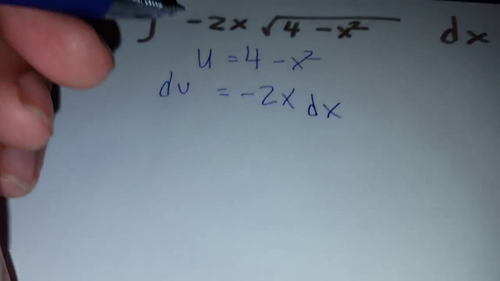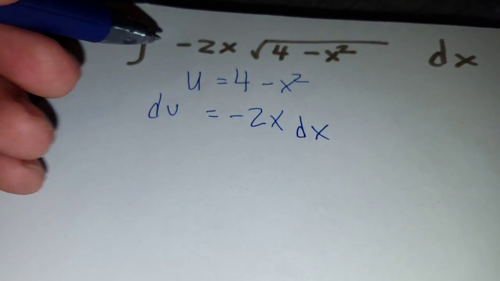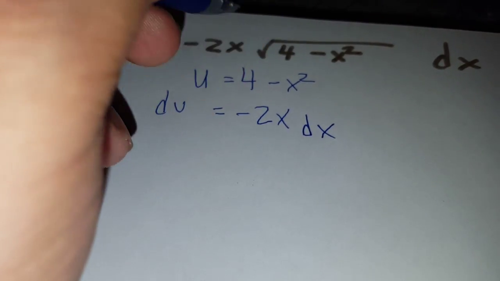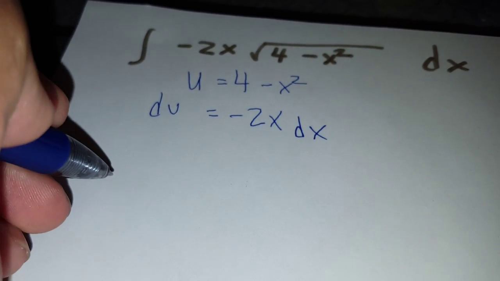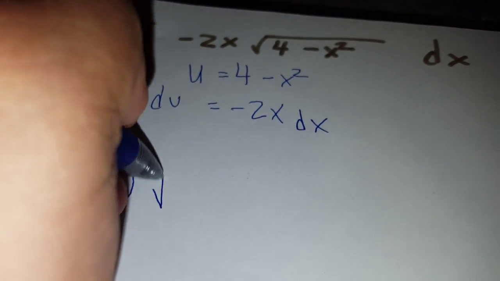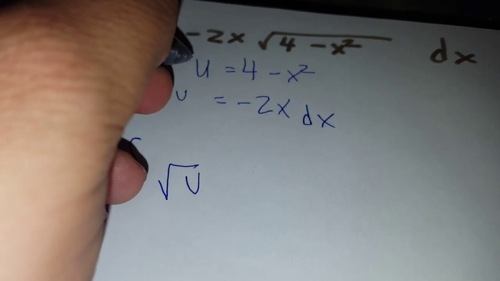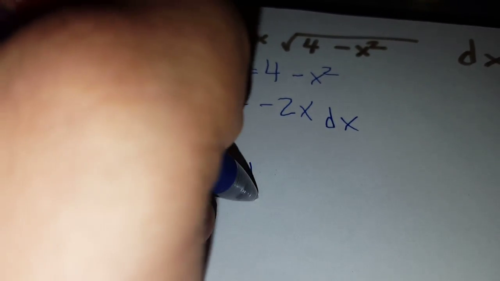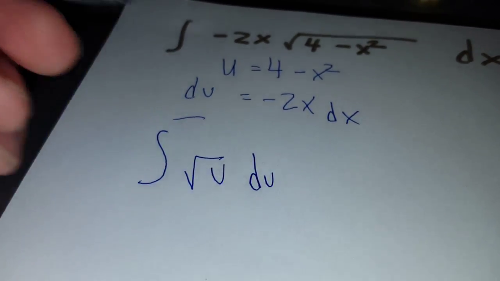Bingo, look at that. Oh, gotta remember your dx if you want to be formal. So negative 2x dx, that takes control of that. So that's a square root of u. The integral of square root of u, and then we don't need that negative 2x dx anymore, because that'll turn into du, as I did right here.